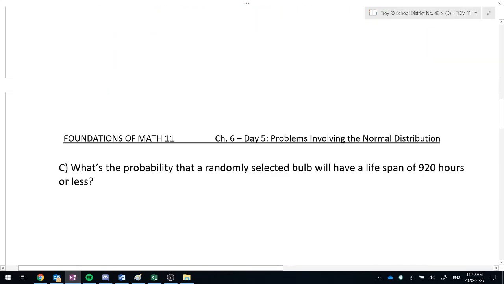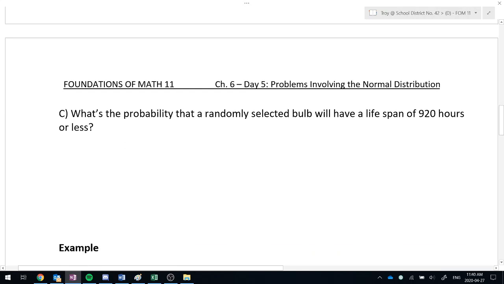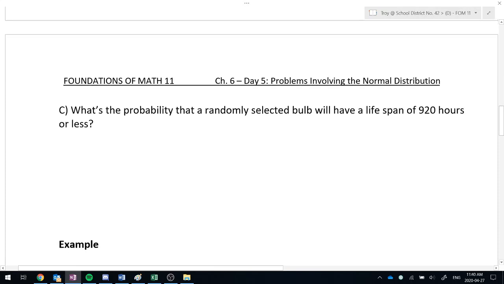What's the probability that a randomly selected bulb will have a lifespan of 920 hours or less? Okay, so now we have our curve. And as we know, the mean is 900.